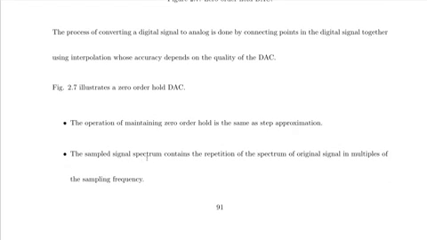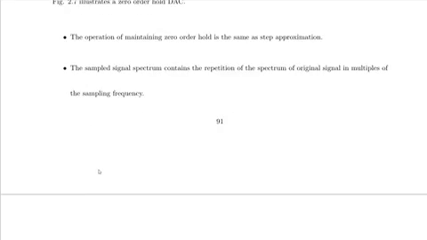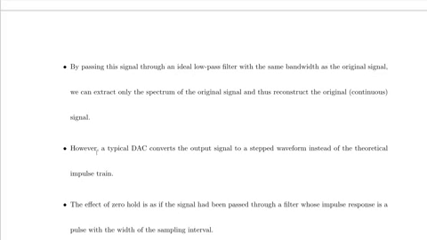The sampled signal spectrum contains the repetition of the spectrum of the original signal in multiples of the sampling frequency. Right. By passing this signal through an ideal low-pass filter with the same bandwidth as the original signal, we can extract only the spectrum of the original signal and thus reconstruct the original signal, which is continuous.